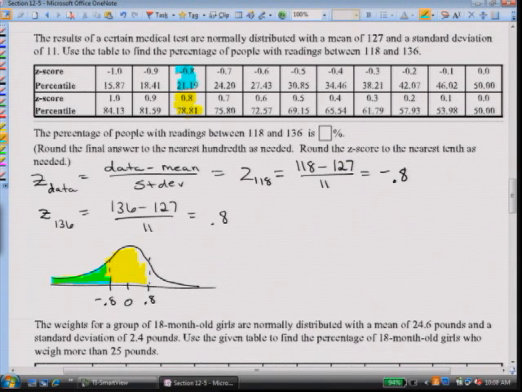And then when I subtract them, that will give me the area in the middle. Okay, so I'm going to do the percent below 0.8 minus the percent below negative 0.8. So looking at my chart, that's 78.81 minus 21.19.